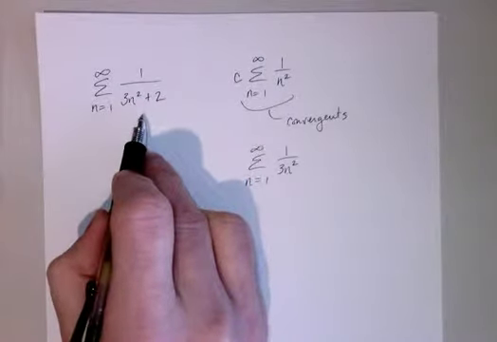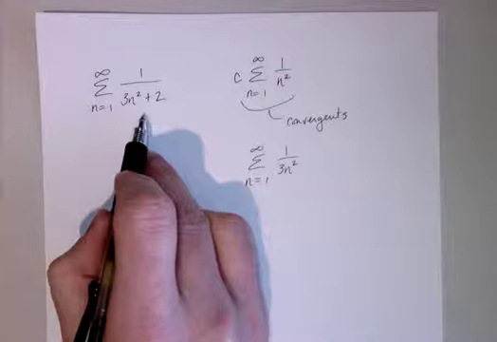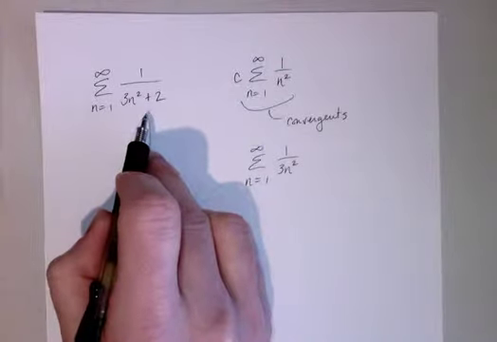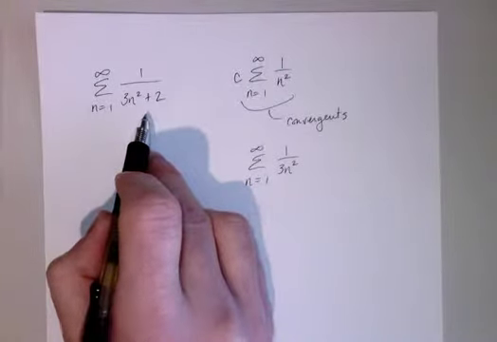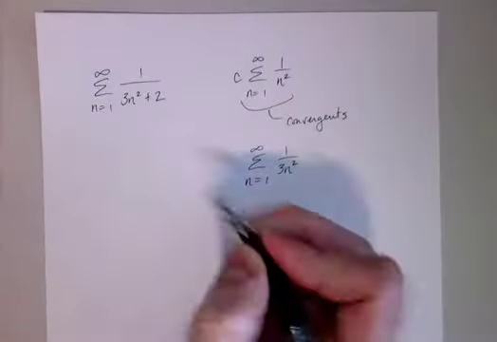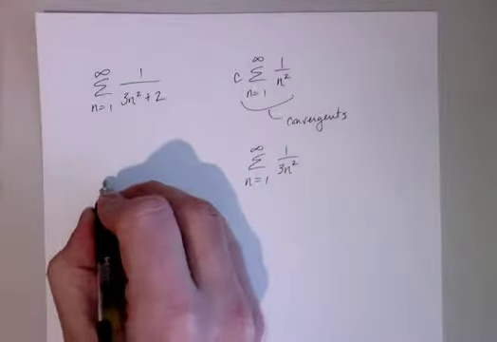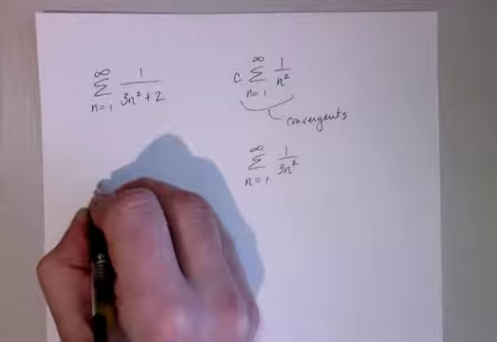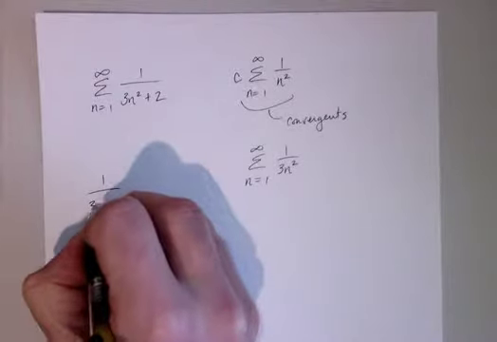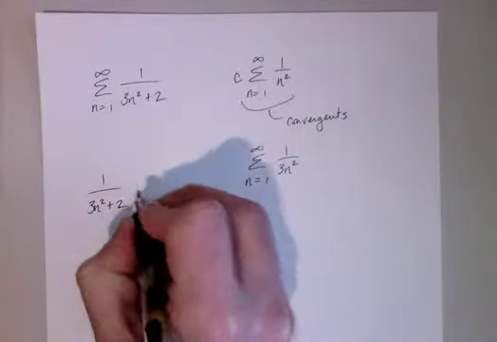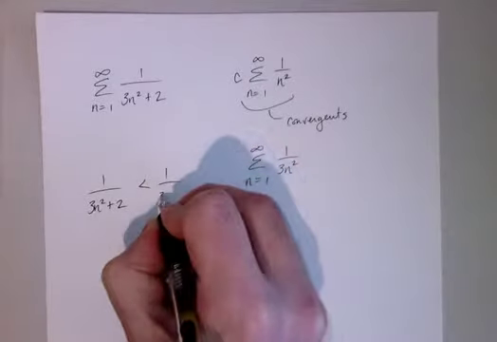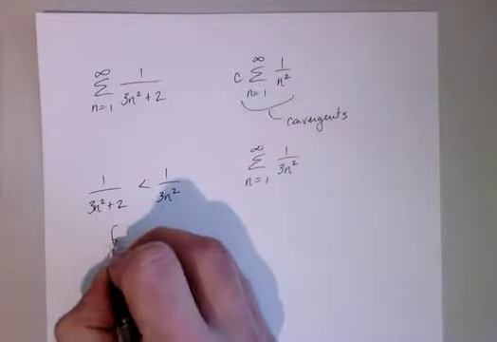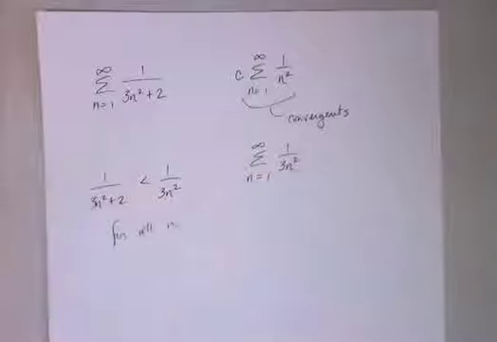And it's the same logic as the first one that we did. You're making the denominator larger. If you're making the denominator larger, then basically you just need to state, this is smaller than this for all n.